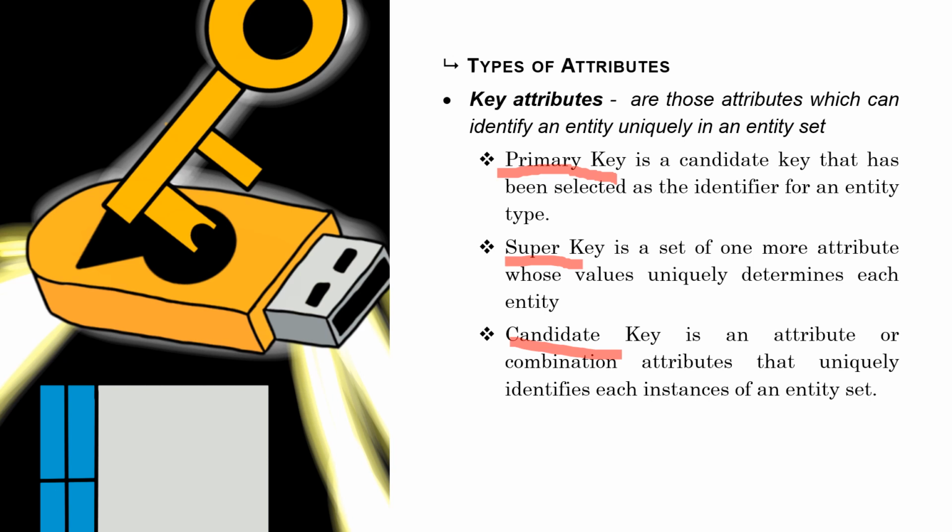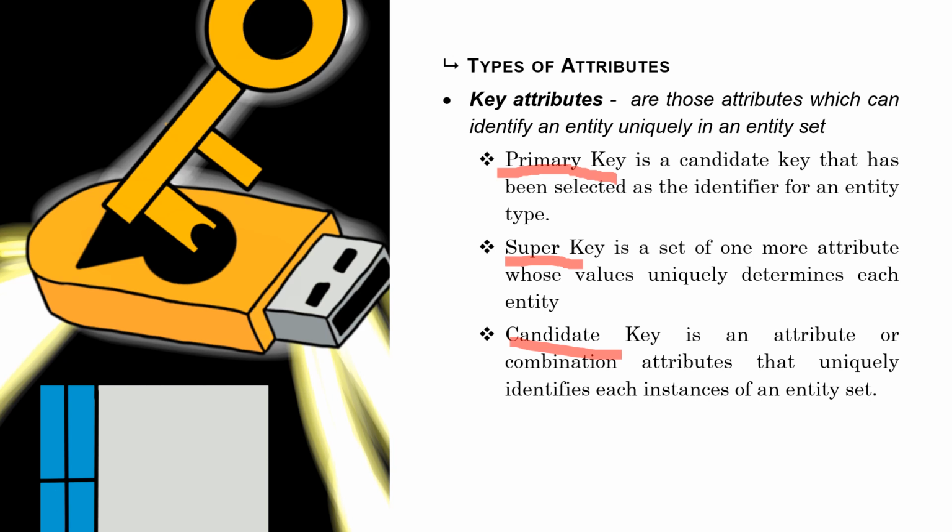It is an attribute or a combination of attributes that uniquely identifies each instance of an entity set. Some entities may have more than one candidate key. So, if there is more than one candidate key, the designer must choose one of the candidate keys as the primary key.